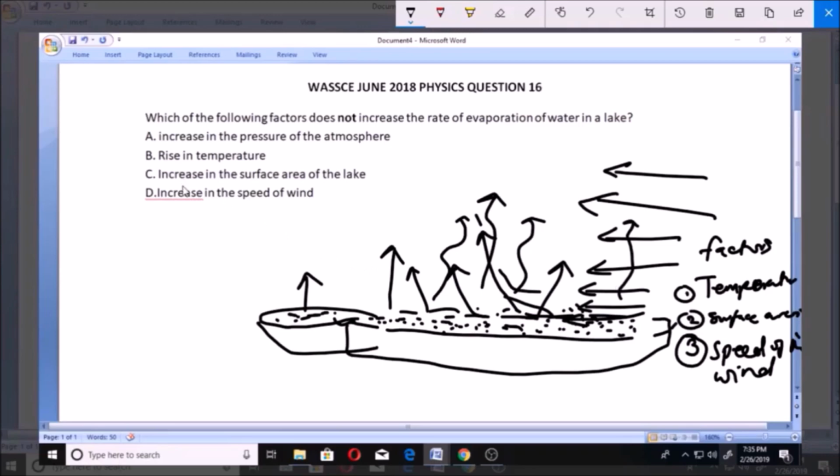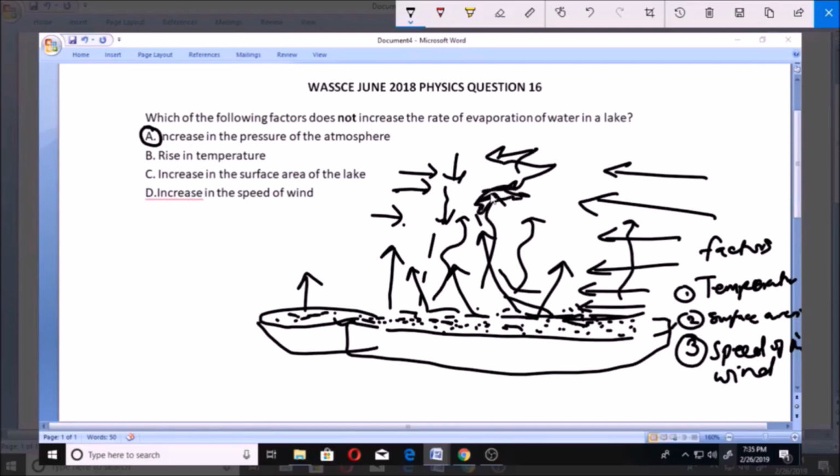So what will not increase the rate of evaporation is this option A, which is increase in pressure of the atmosphere. If there is more pressure in the atmosphere, it will even force water to get back into the stream. So atmospheric pressure, forces of the atmosphere, will only make there be lesser evaporation.